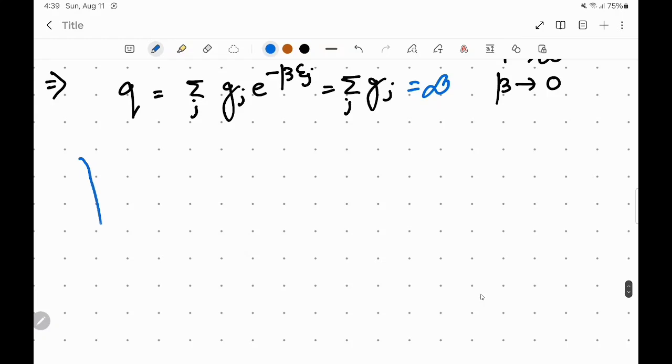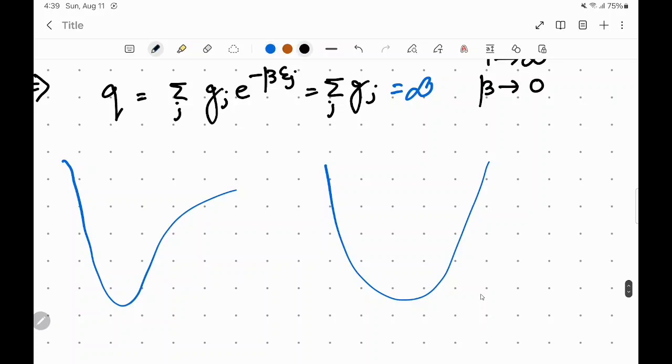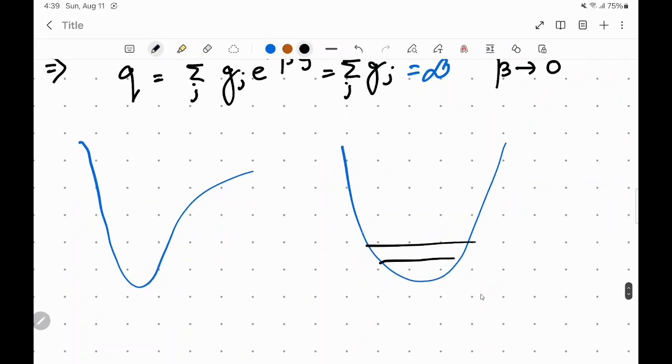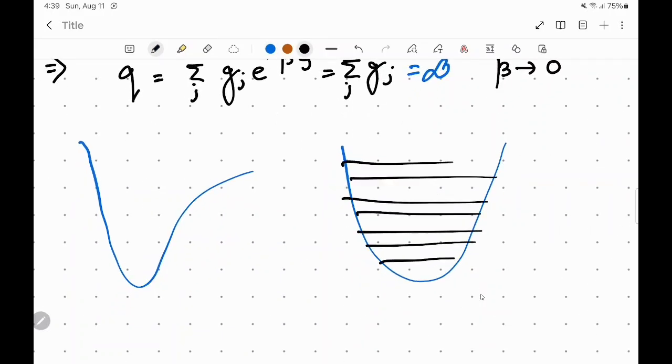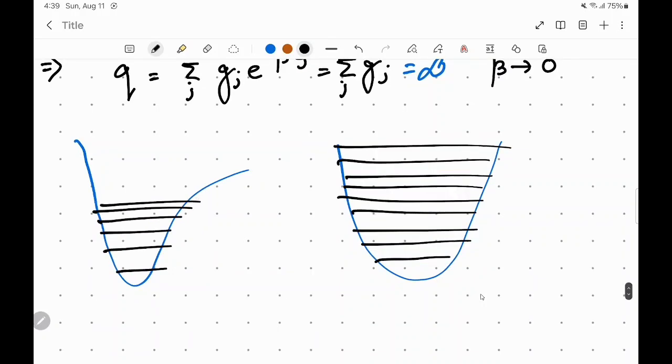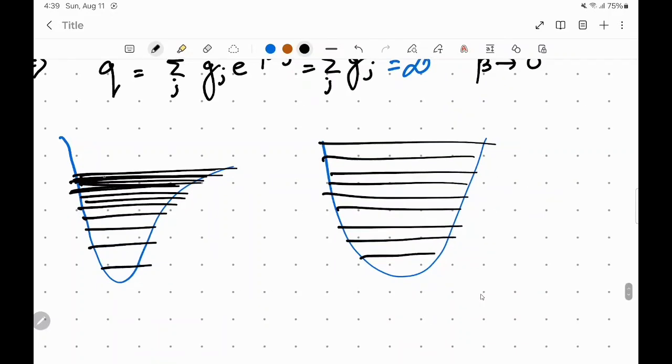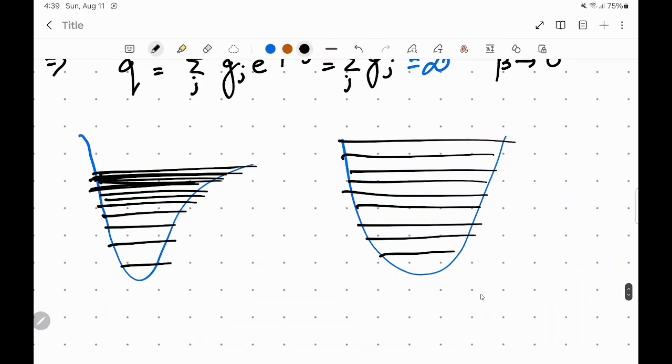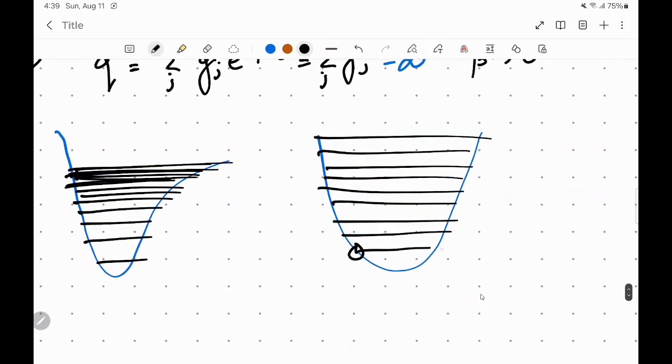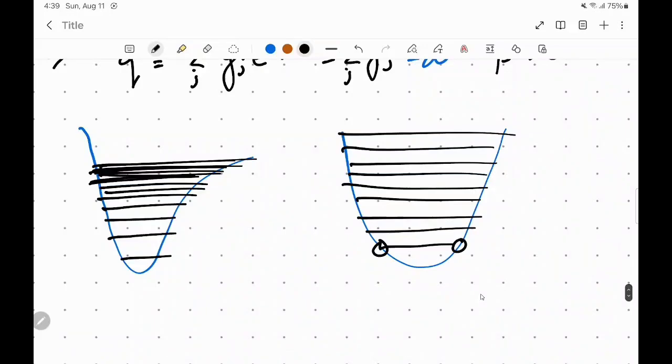In reality, the harmonic oscillator looks like this, and this is an anharmonic oscillator. In the harmonic oscillator, the energy levels go up to infinity, and all are equispaced. But here the spacing decreases like this, and after that the bond will break. If it were actually infinite, then the bond would never break.